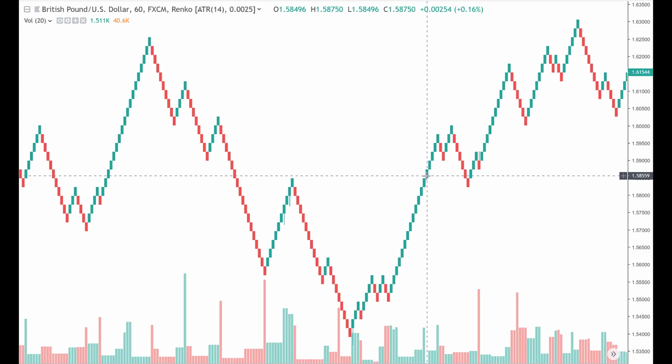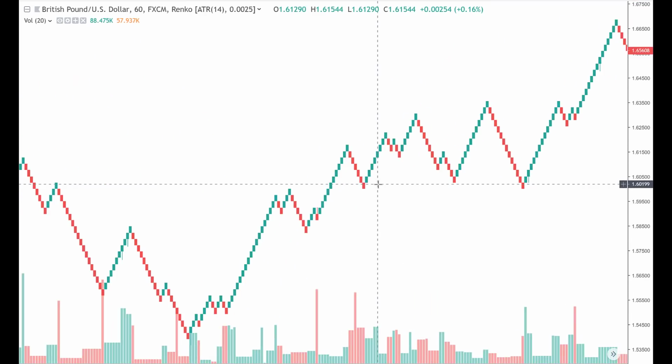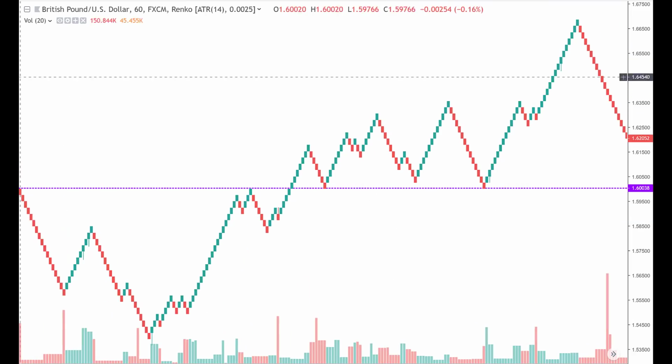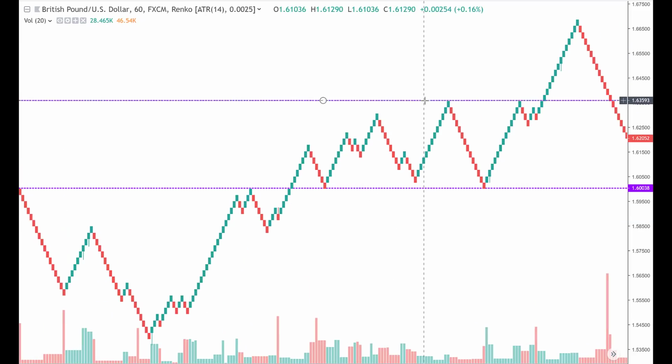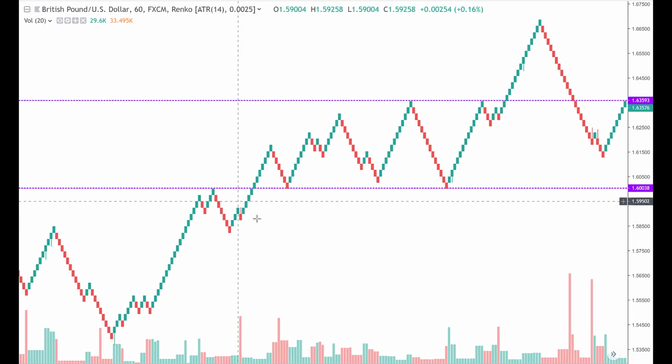All right, now we've gone back to 2011. Whoa, you can go back pretty far. Okay, here we go. We'll just start drawing horizontal levels of support and resistance where we see marks on the chart. Maybe get some trend lines up on this.